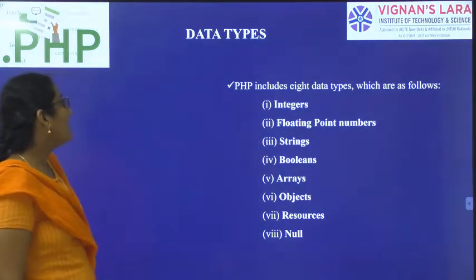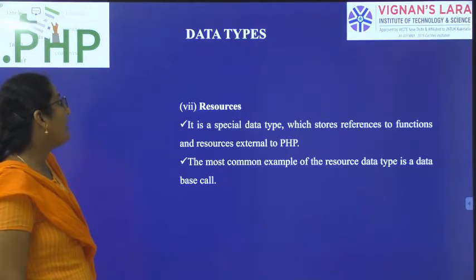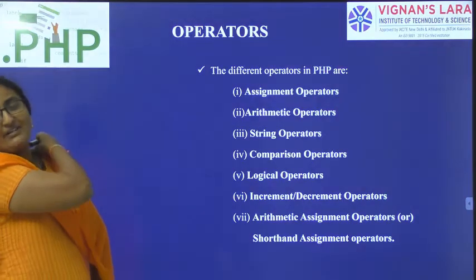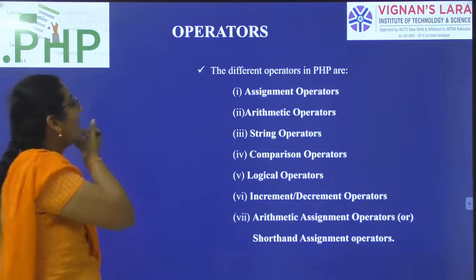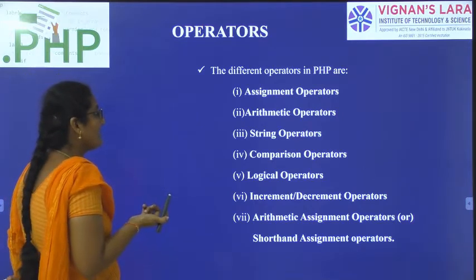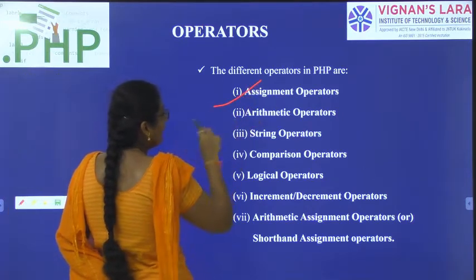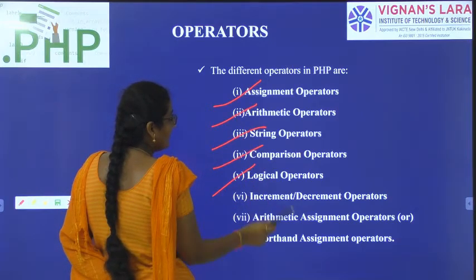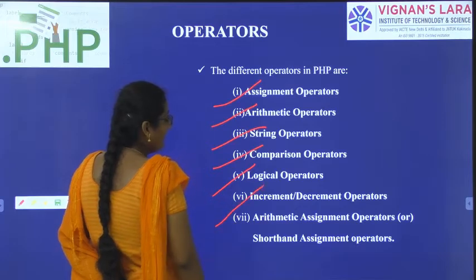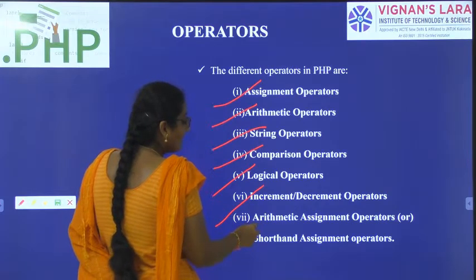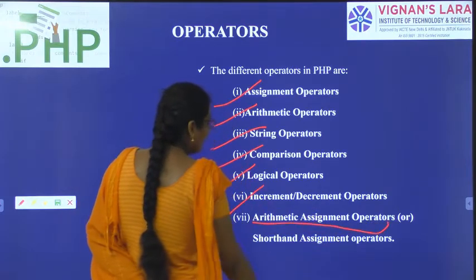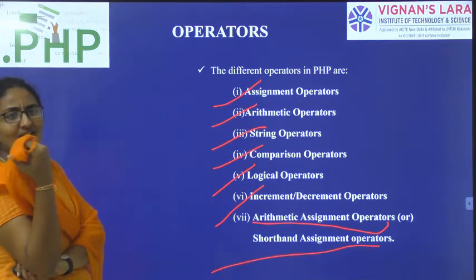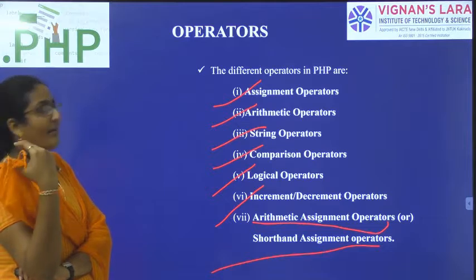Next we will see what we mean by operators. Next, a very interesting topic which is similar in many programming languages: different types of operators in PHP. Assignment operators, arithmetic operators, string operators, comparison operators, logical operators, increment and decrement operators, and arithmetic assignment operators or shorthand assignment operators. Operators are a similar topic in any programming language.